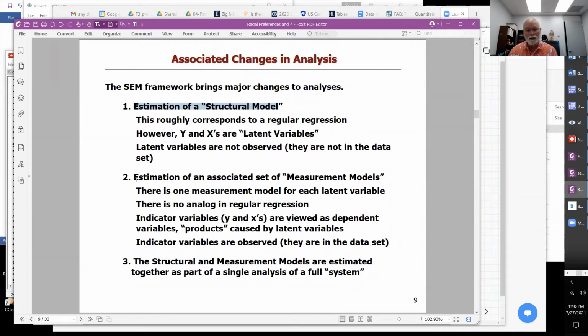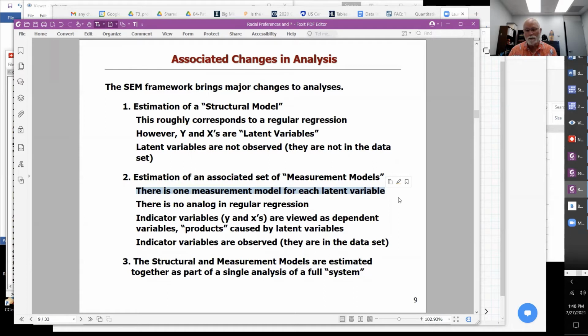In structural equation modeling, we make all that explicit. So we must represent our assumptions about the measurement model. In SEM, there's a measurement model for every latent variable.